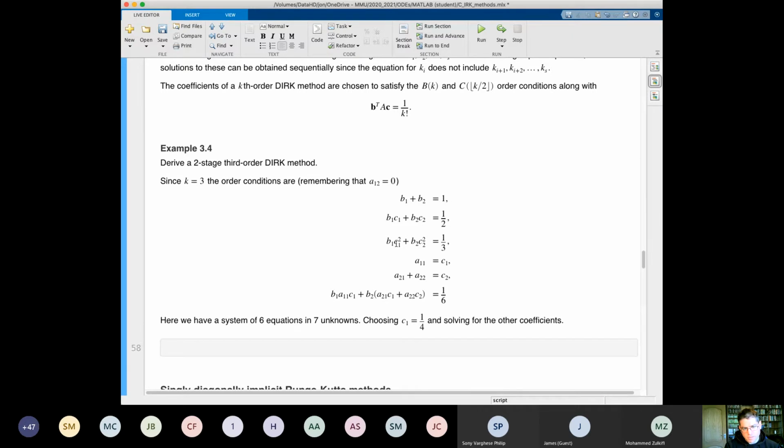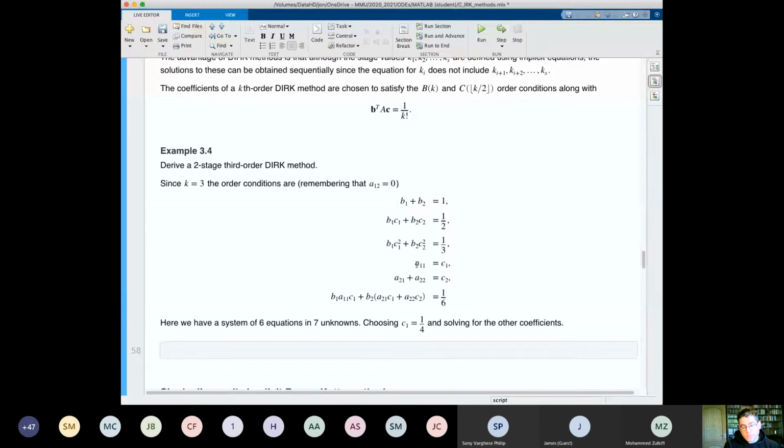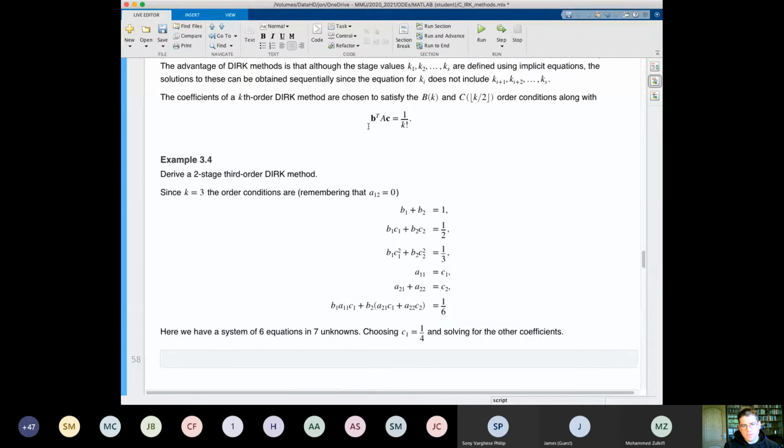We need 3 order conditions borrowed from the B-C order conditions, so we have to go up to B1C1 squared. We have the row sum conditions. Remember A11 plus A12 is equal to C1, but of course A12 is equal to 0. And the last condition we have is this.